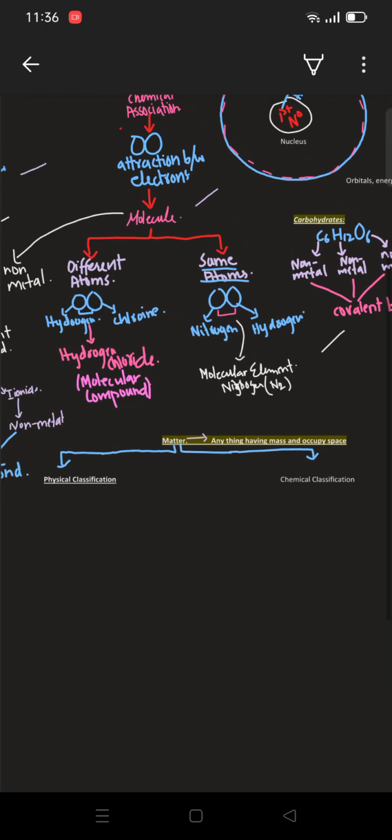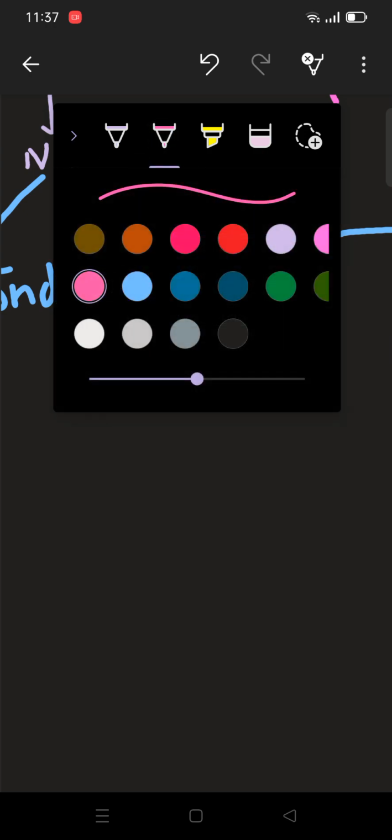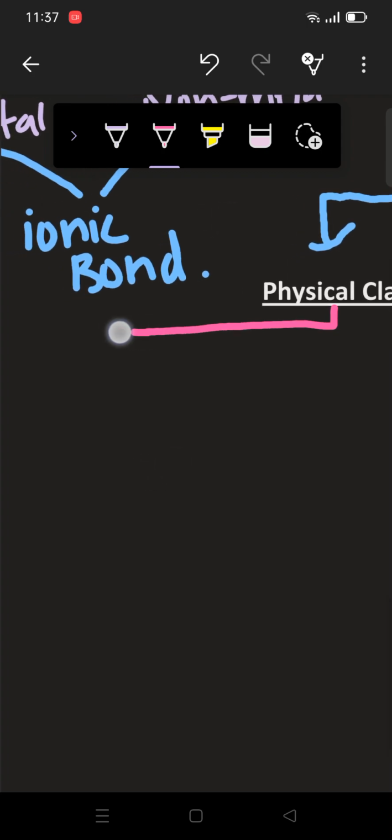Alright, in the physical classification, it can be further divided into three categories. Wait, let me write the arrows.